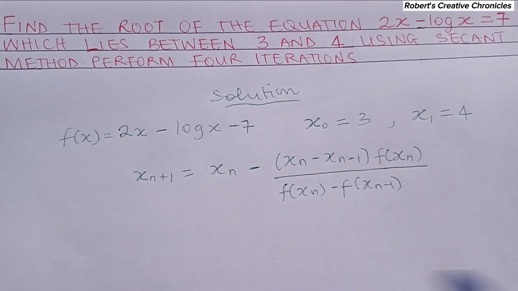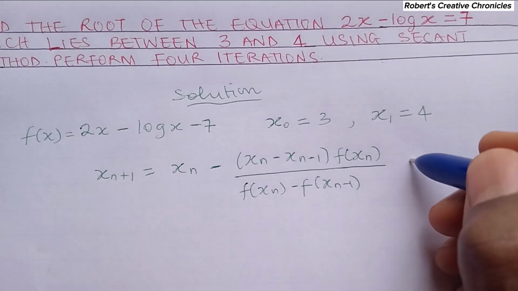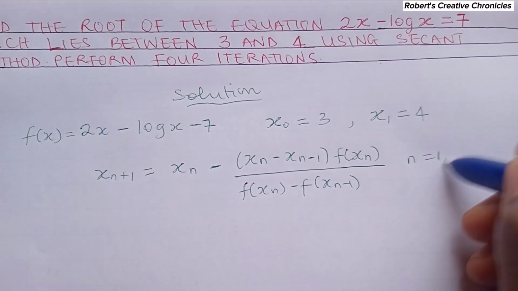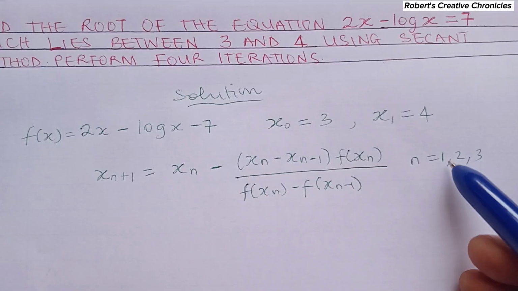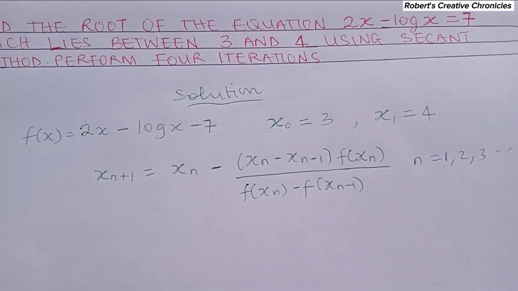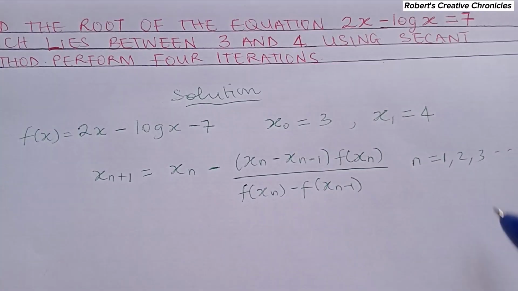This is the general form of the secant method equation, where n is equal to 1, 2, 3. In this one, n starts from 1, not 0. N does not start from 0 in the secant method. N starts from 1.